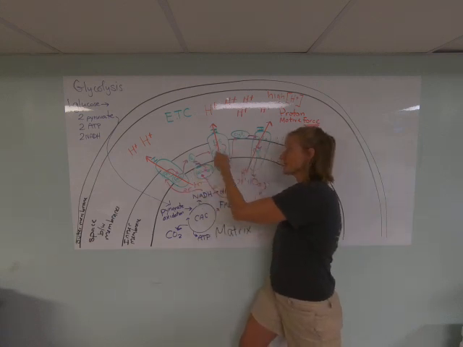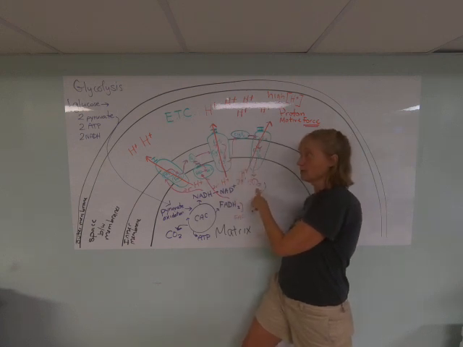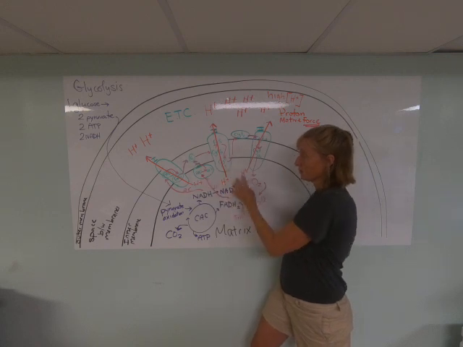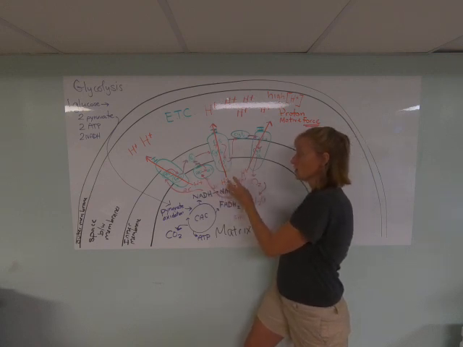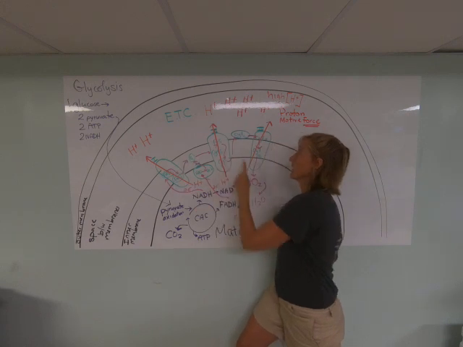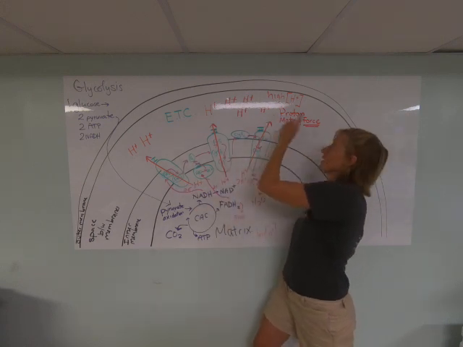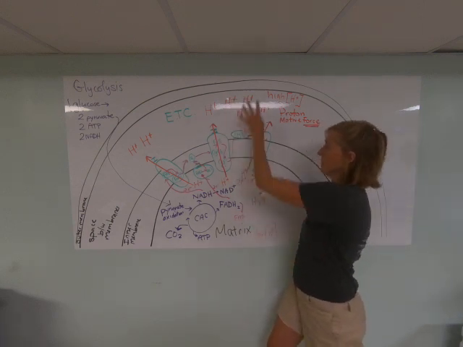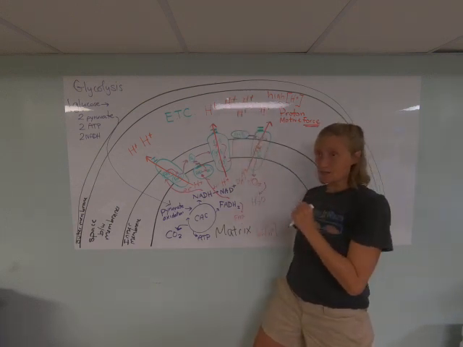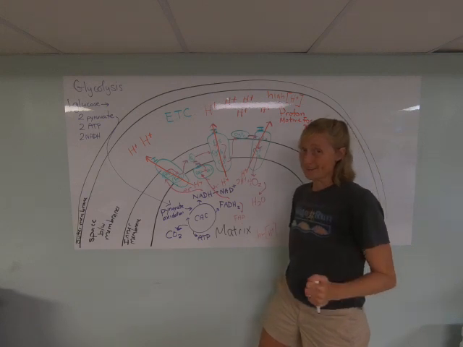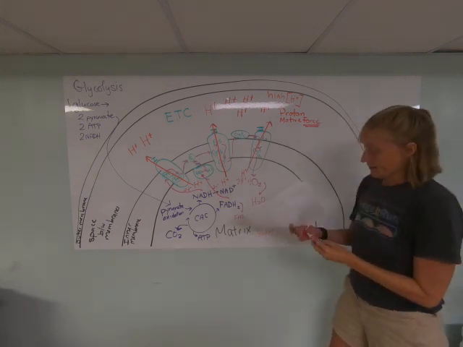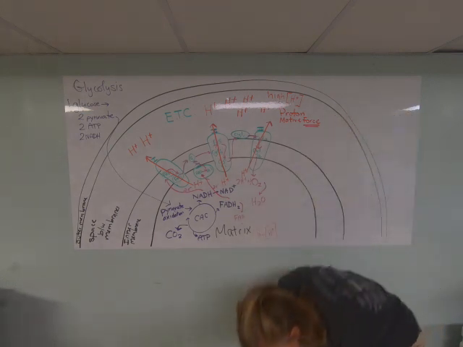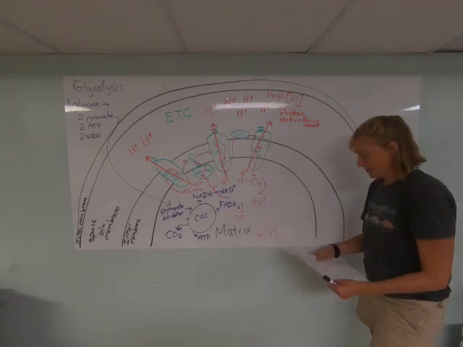The fall of these high energy electrons down to oxygen is a way for this electron transport chain to use that energy to pump protons across the gradient, creating the proton motive force, right? We've got a concentration gradient across this membrane. That's going to be the way that we can make ATP. We're into our next step. Now we're going to make ATP. We've got this proton motive force, and now we have to use it to make ATP.